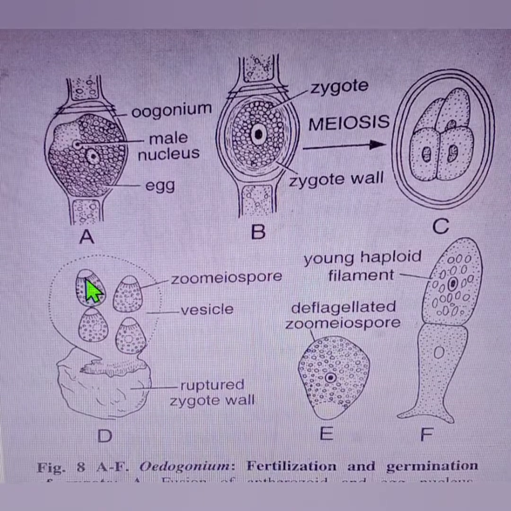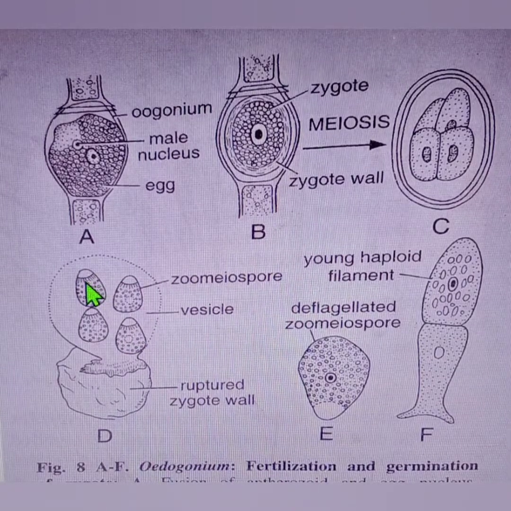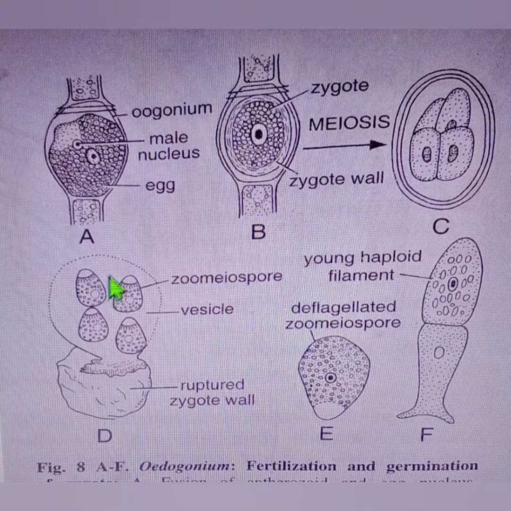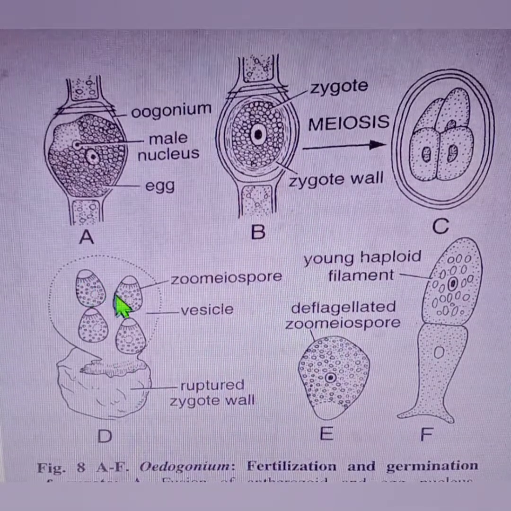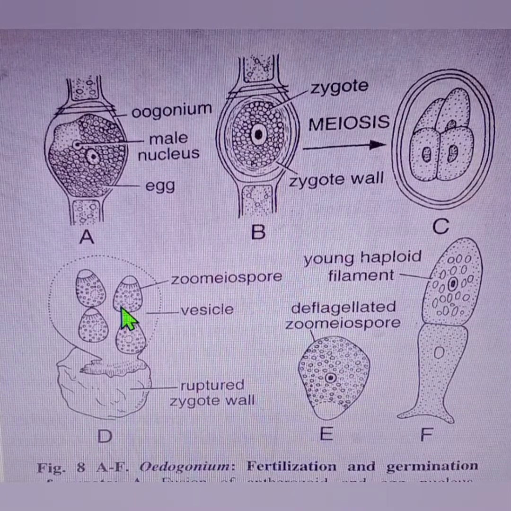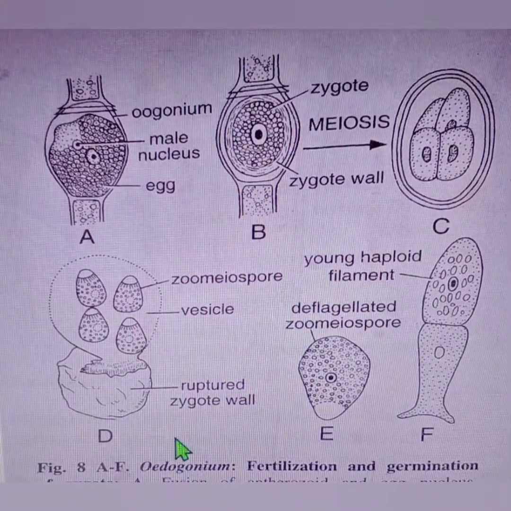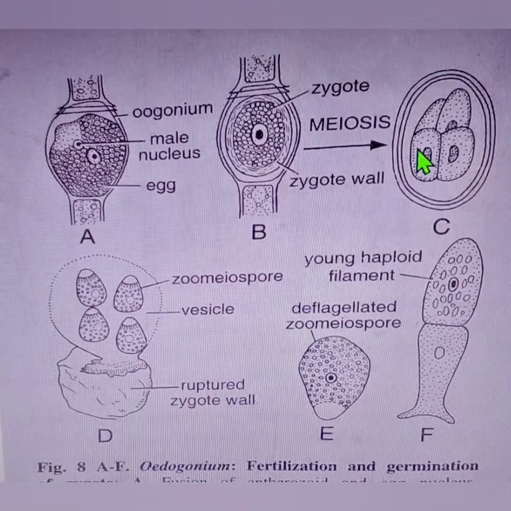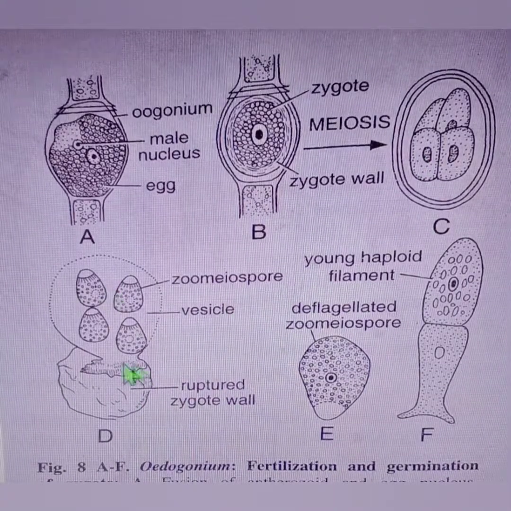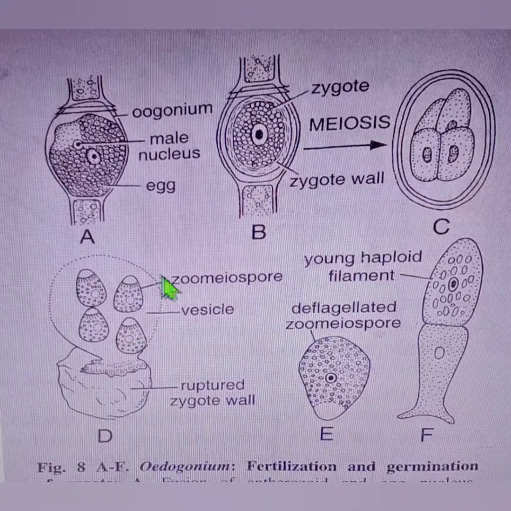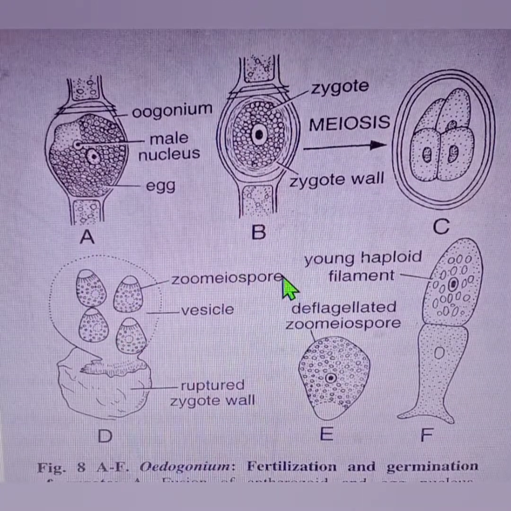You can see these are the flagella, multiflagellate zoospores, and these zoospores are then liberated after the rupture of the zygote wall. You can see here the wall is 3-layered, but here it has already ruptured, releasing these zoomeiospores into the outside environment.